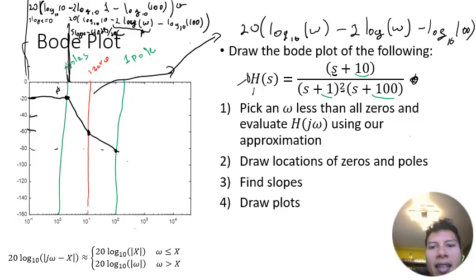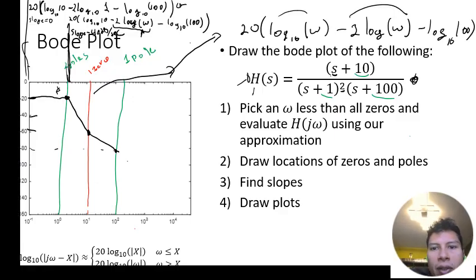As you can see, there are 2 poles and 1 zero. So 1 minus 2 gives you negative 1, times 20, that gives you a slope of negative 20. Finally, here we cross another pole. To the left of here, there are 3 poles and 1 zero, so the slope is negative 40.